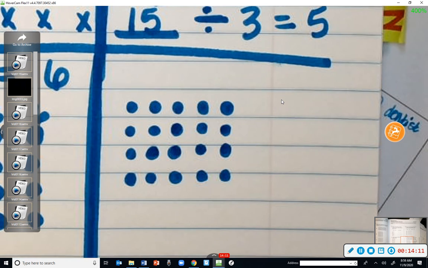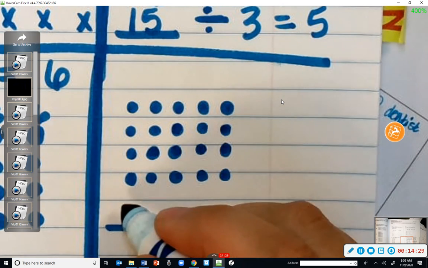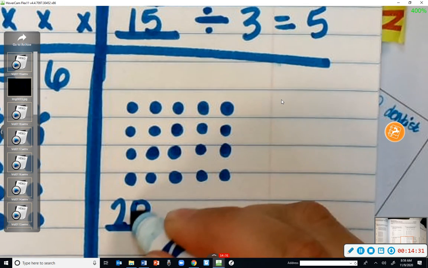Okay, I see a bunch of hands up in the air, so that tells me maybe we're ready to go ahead and check. Devea? 20 divided by 4 equals 5. Good. She says 20 divided by 4 equals 5. So how did we get the first number, the dividend? Counted all of them up. Good. Counted all of them up, and there were 20.